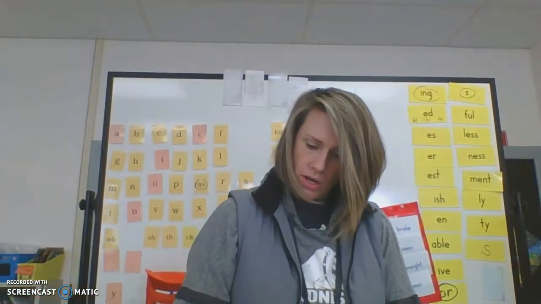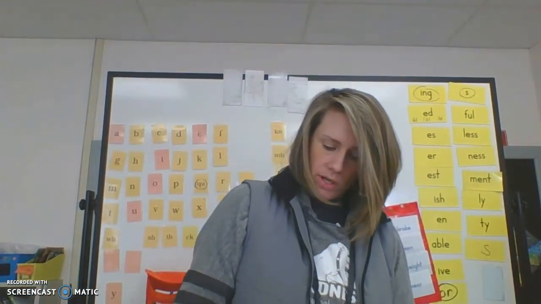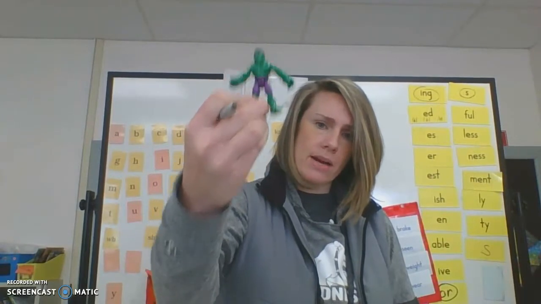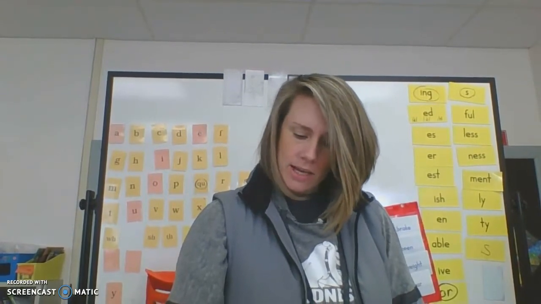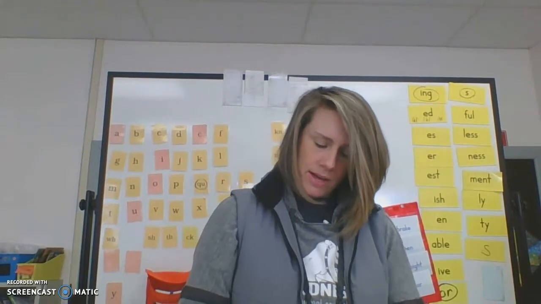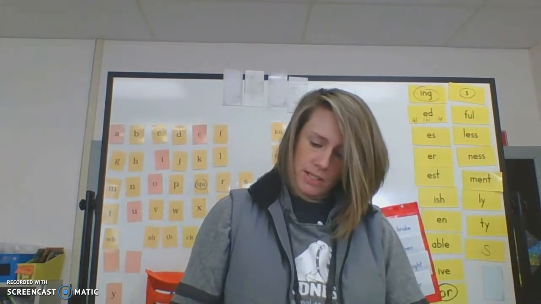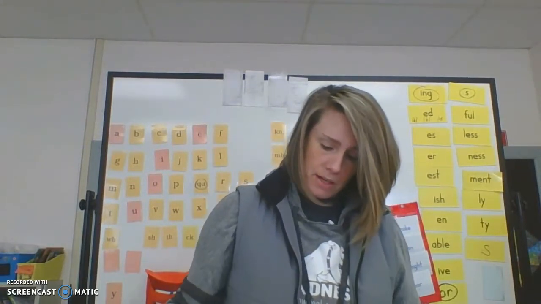Okay, let's do another review word. We're going to do the word mighty. Oh, how the mighty have fallen. Mighty. Think about that sound. How can you spell that? If you need to look back in your student notebook to help you, you should. There is a special sound in there.